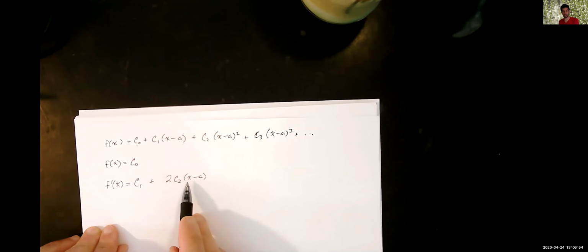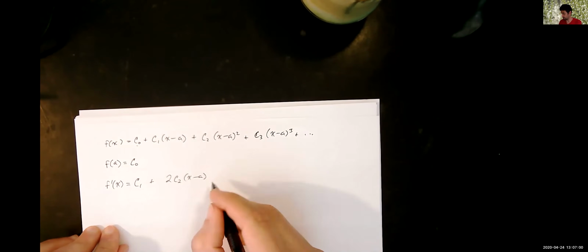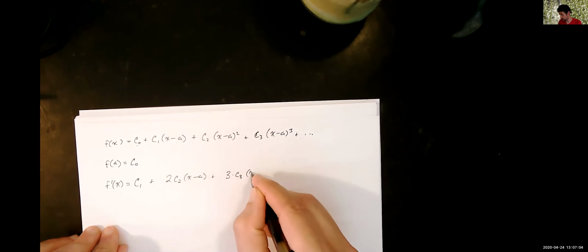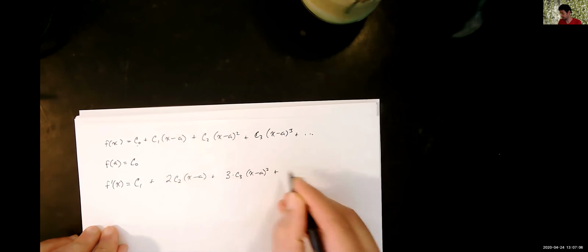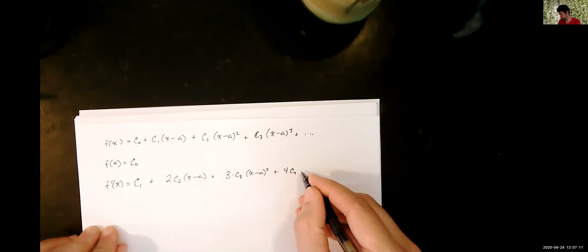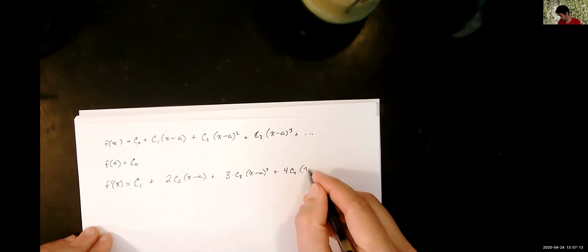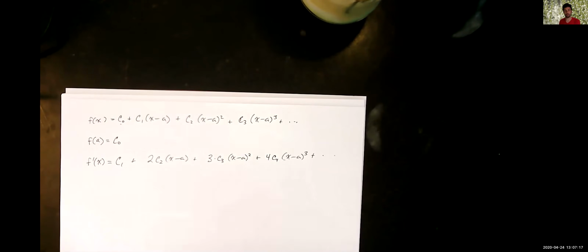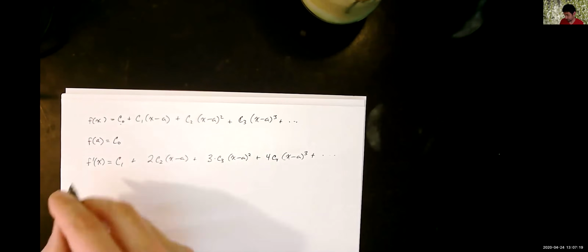You can think there's a chain rule, but the inner function is just x minus a, so there's no real chain rule we need to mark down. We'll get 3 times c3 (x minus a) squared. There will be a term, I'm going to write the fourth term, the c4 term, (x minus a) cubed, and on and on. Okay, so I'm just taking the derivative term by term.